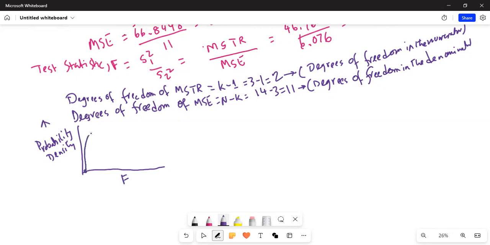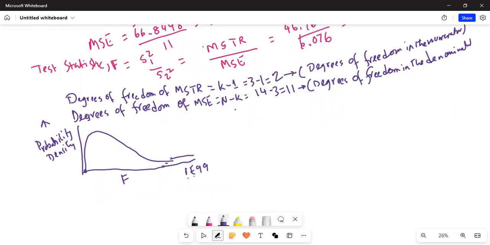F cannot be negative since it's the ratio of two variances, which are squared quantities. And it is positively skewed. It extends to infinity on the right, which in your calculator you will represent by 1 exponent 99. That means 1 followed by 99 zeros.